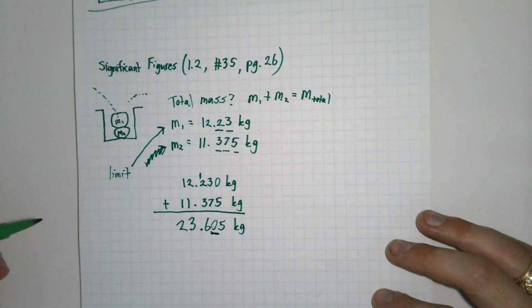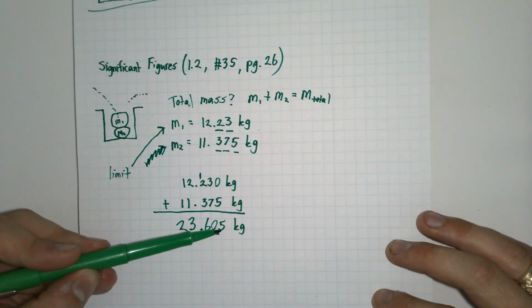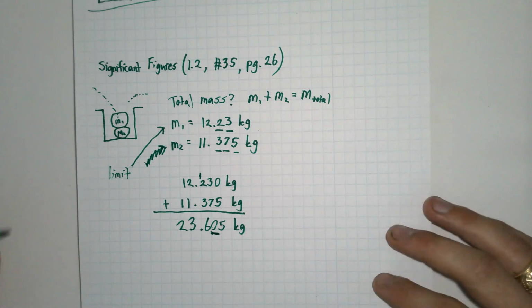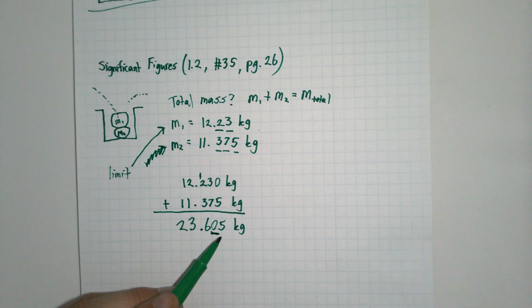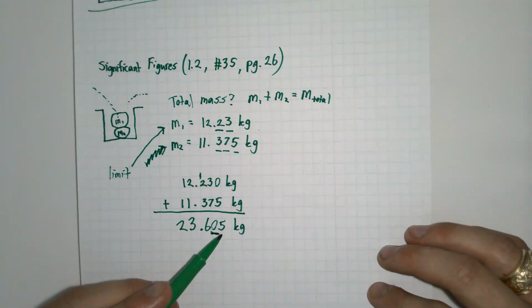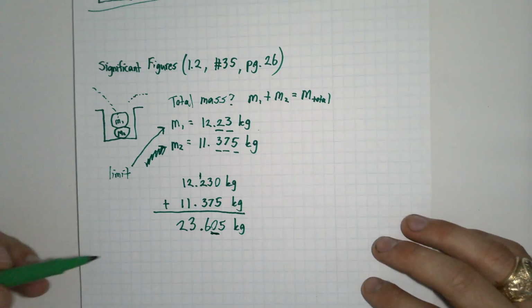It can only go right there. If it can only go to the hundredths place, then we can't have this thousandths place, that 5 that's there. That would be too accurate. So we've got to get rid of that one. But before we lose that degree of precision, we can do our typical mathematical rounding.